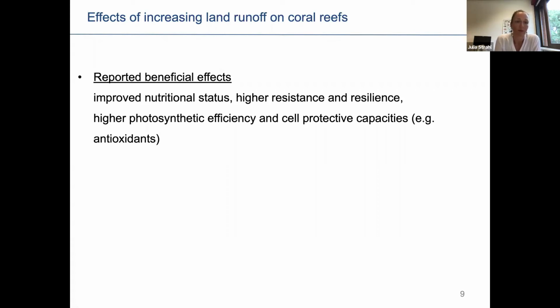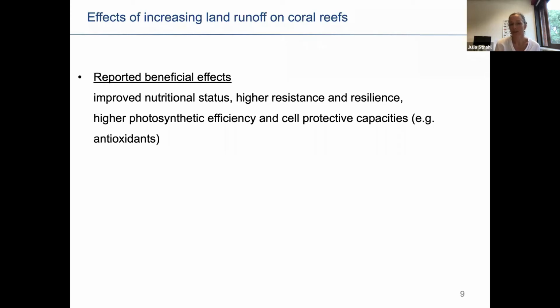And the literature reports very contradictory effects, ranging from beneficial effects, due to the fact that higher nutrient contents can lead, through heterotrophic feeding of the corals, to an improved nutritional status.